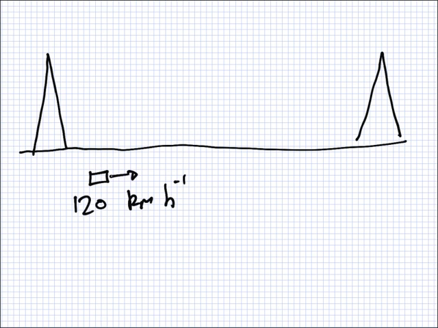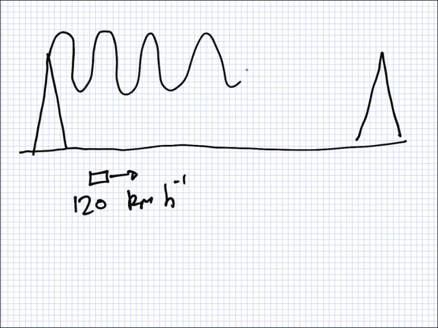And as the car is driving, it's listening to the radio. It hears the signal get stronger, then weaker, then stronger, and then weaker. So there must be a standing wave.